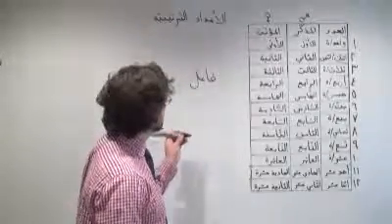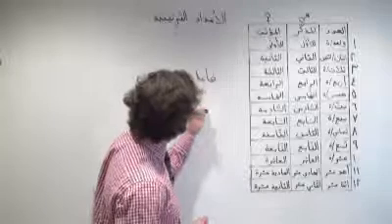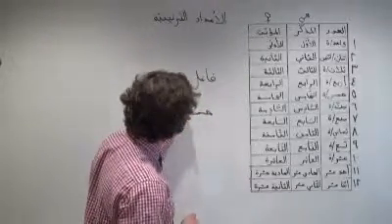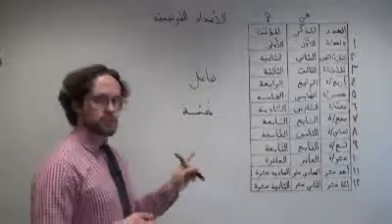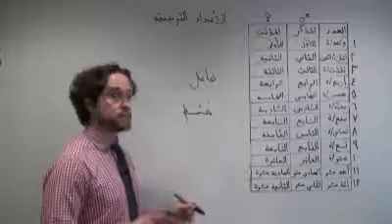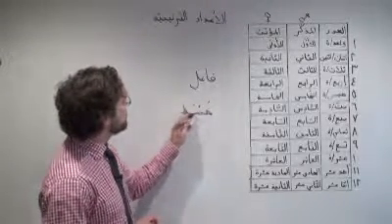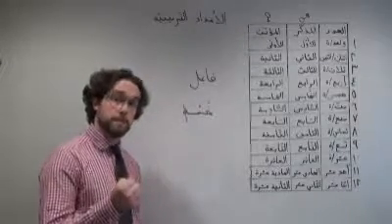For example, if we take the number 5, you probably learned to count it as khamsa. And if we look for the jadr, the tri-consonantal root, it's pretty easy. We know ta marbuta can't be part of a jadr, so we have kha, mim, sin. Again, khamsa means 5, but we want to say fifth.